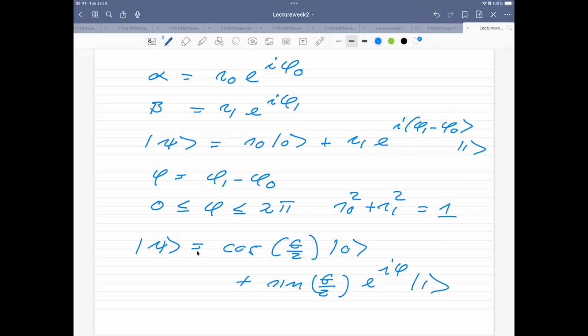So this is a general representation of that state. And we know that the angle theta, which is the so-called azimuthal angle, goes from 0 to pi. So this is a pretty general way of representing that specific state. And you see that when you want to calculate the norm of that one, obviously due to the cosine squared and the sine squared, it gives you 1.